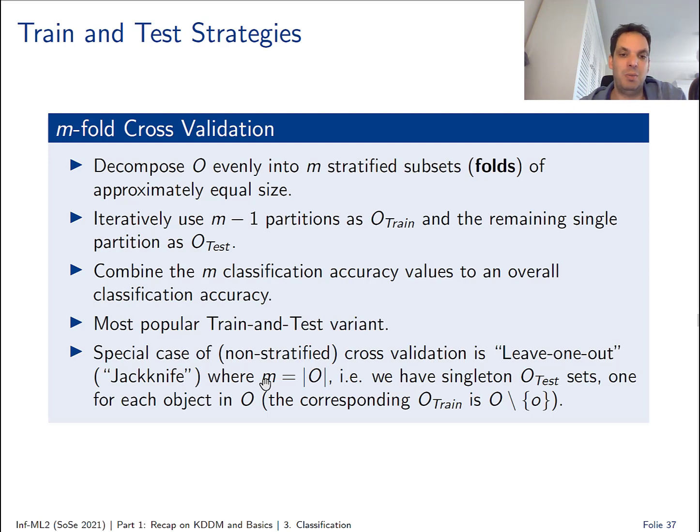Folds and objects are the same in that case. We train on m-1 objects, and one object is left out for testing, so that each object is at least once present in the test set. Leave one out can be done if the data set is a little bit smaller, so that the m folds would be too small.